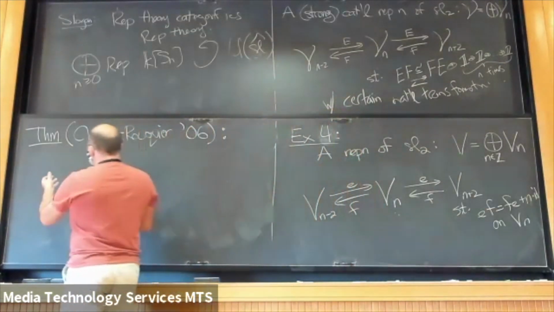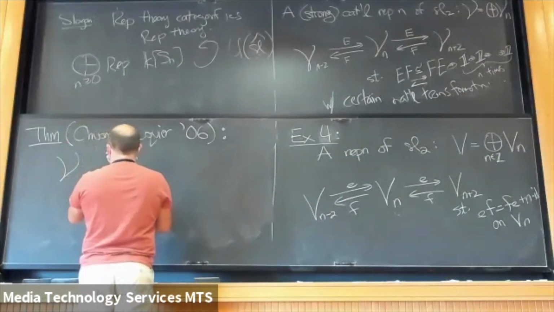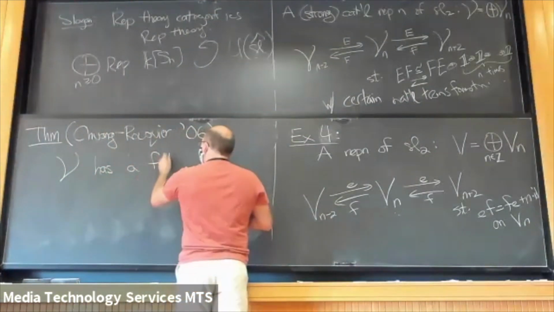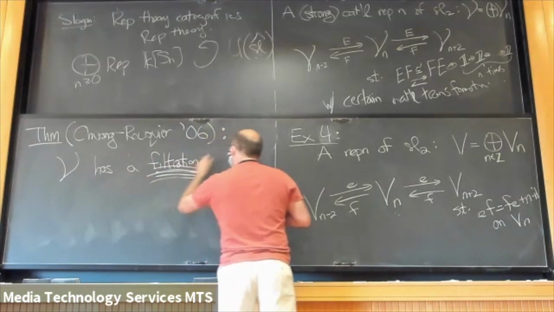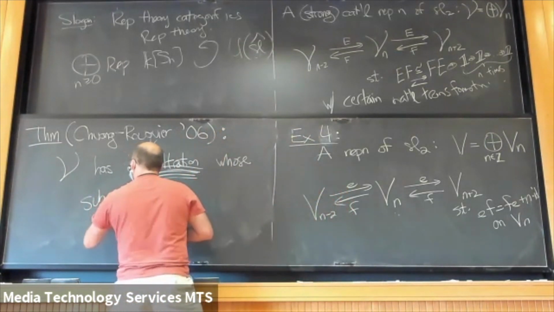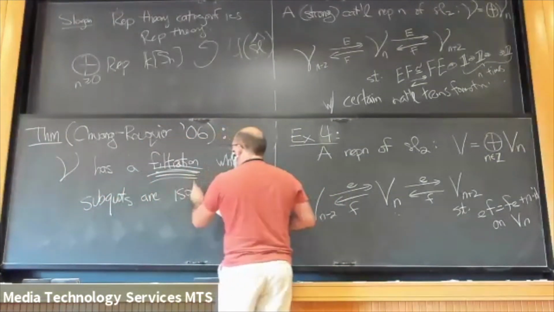And if you do that, then if you have an arbitrary SL2 representation, it has a filtration whose subquotients are categorifications of isotypic components.